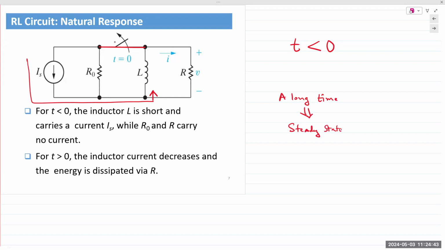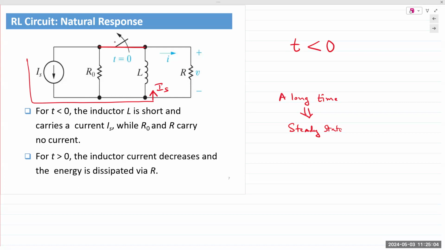That's all it means. At steady state, the inductor behaves like a short circuit. If it's a short circuit, all of the current is flowing through the inductor, nothing is flowing through the resistors. You all with me so far? Everything is flowing through the inductor, nothing is flowing through the resistors because it's behaving like a short circuit.